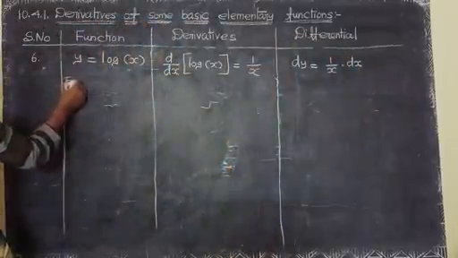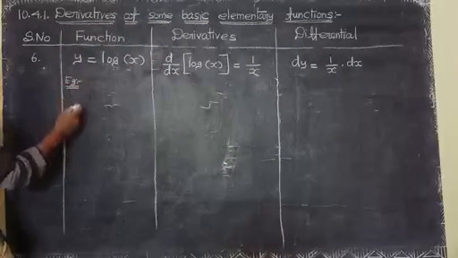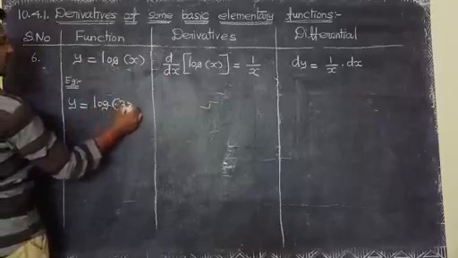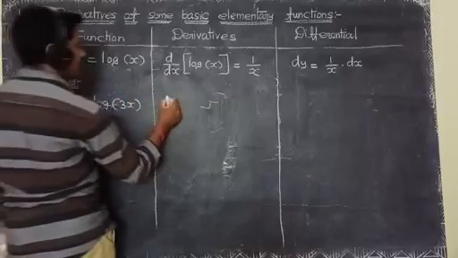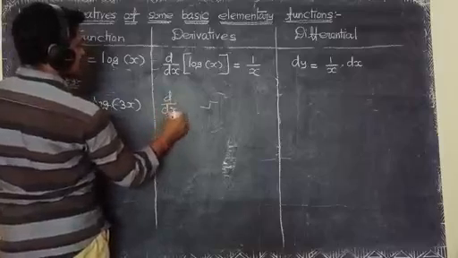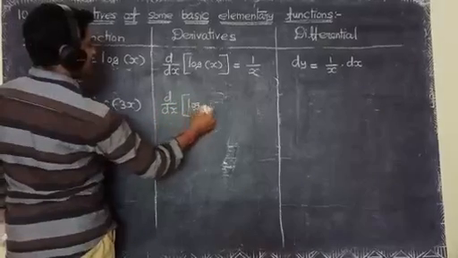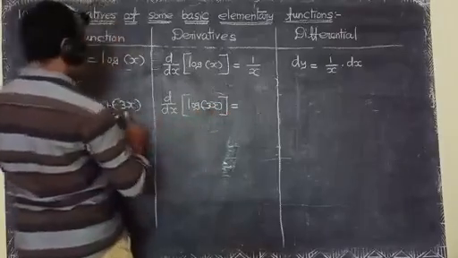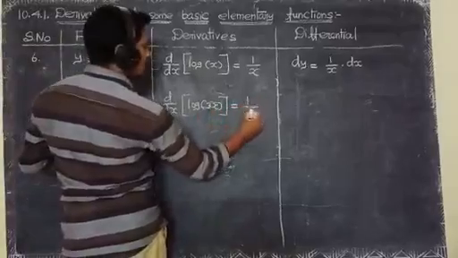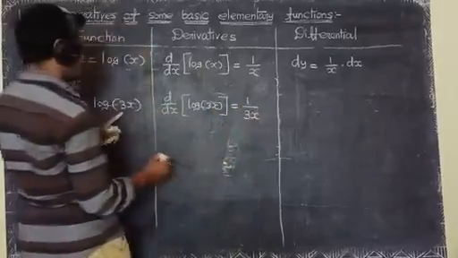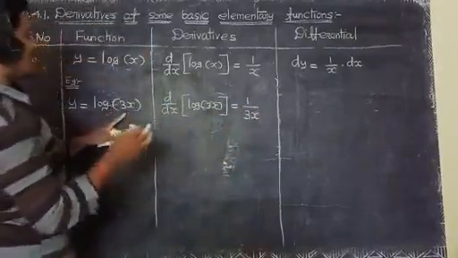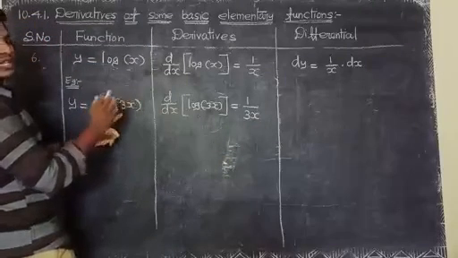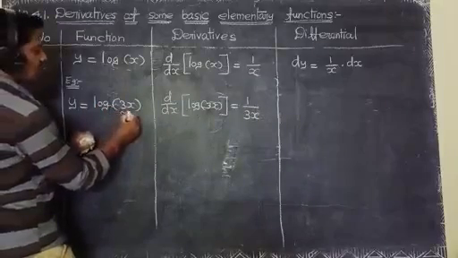Example: y equal to log of 3x. d by dx of log of 3x is equal to 1 by x, that is 1 divided by 3x. Here this is the chain rule, that is the composite function rule, or function of a function rule.